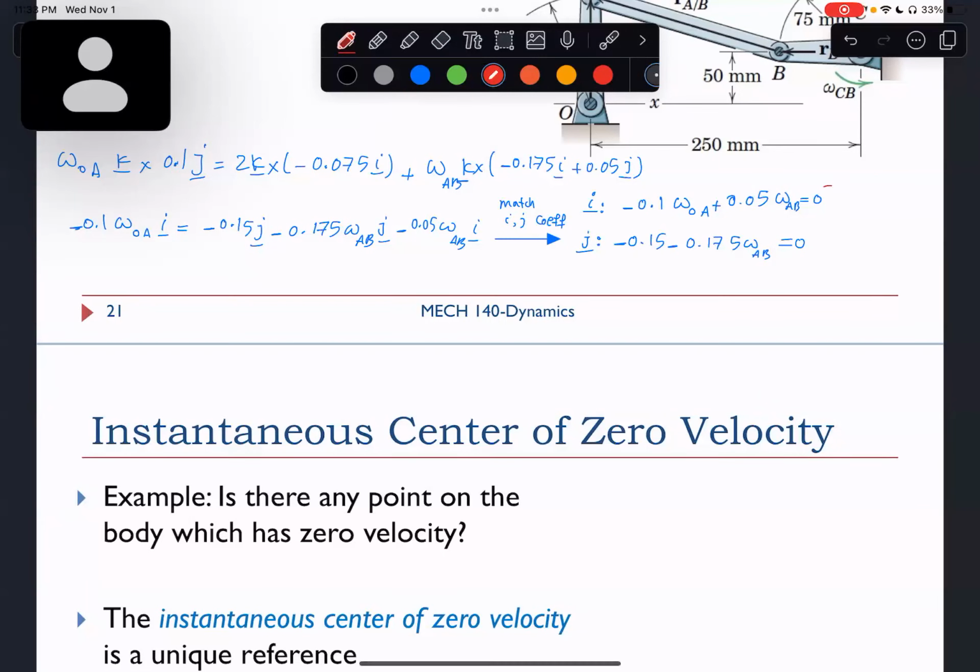So two equations, two unknowns. If I solve it, I get omega AB equal to negative 6/7 radians per second, and omega OA is negative 3/7 radians per second.